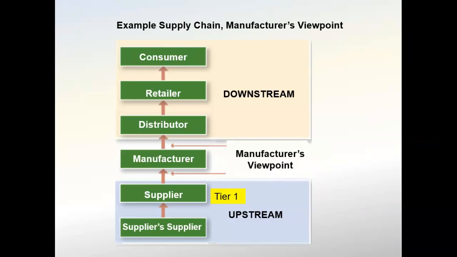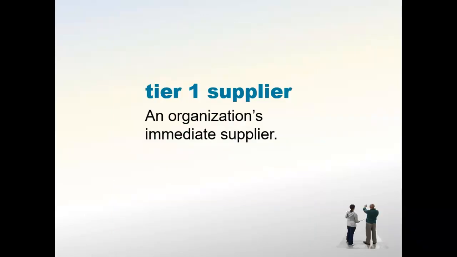Inbound logistics connect an organization to its first tier, or tier 1, suppliers, the businesses from which it purchases the materials and support it needs to participate in the supply chain. So for definition purposes, a tier 1 supplier is an organization's immediate supplier.